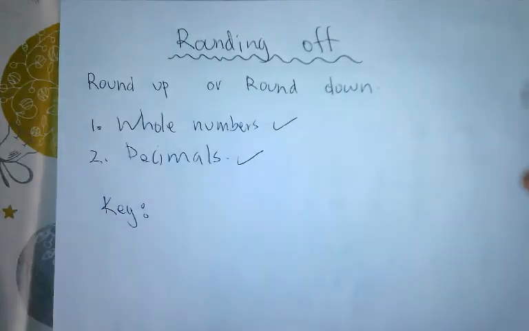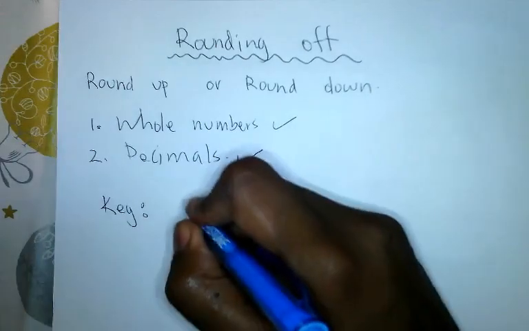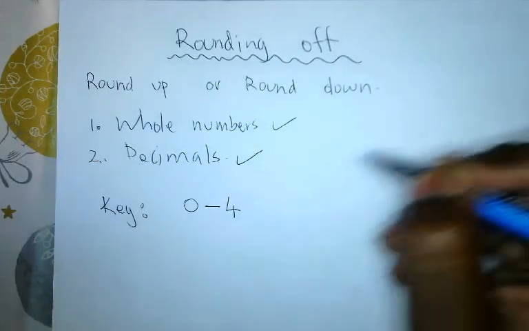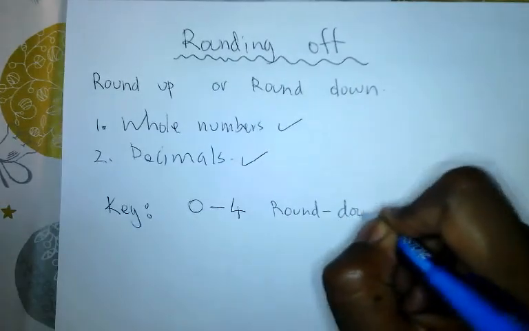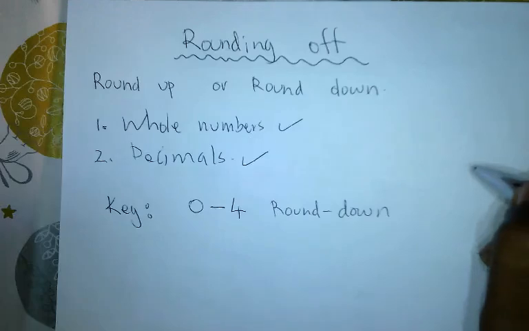If the number next to the rounding number is between 0 and 4, we're going to round down. What does it mean? The rounding number stays the same.